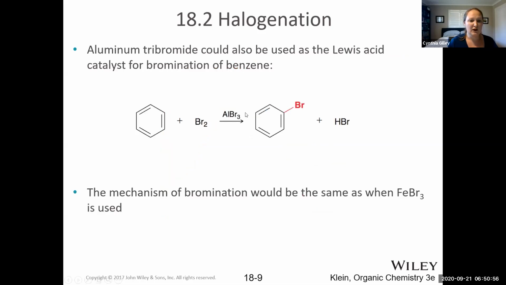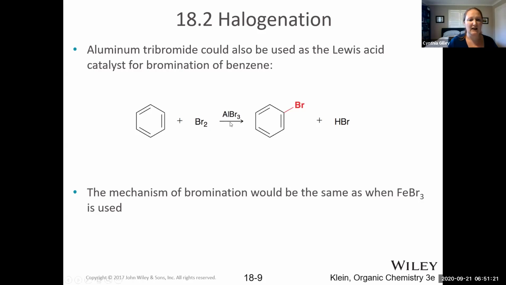We mentioned that there are other catalysts that could be used in the bromination besides iron or aluminum. You could also just add aluminum 3-bromide or iron 3-bromide. So basically over the arrow you might see just iron by itself, just aluminum by itself, or FeBr3 or AlBr3.